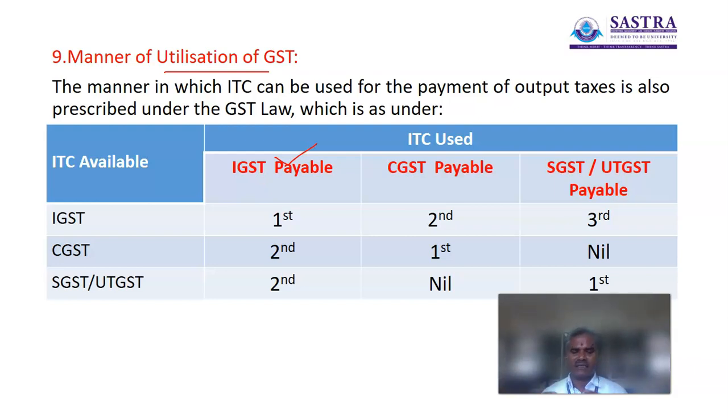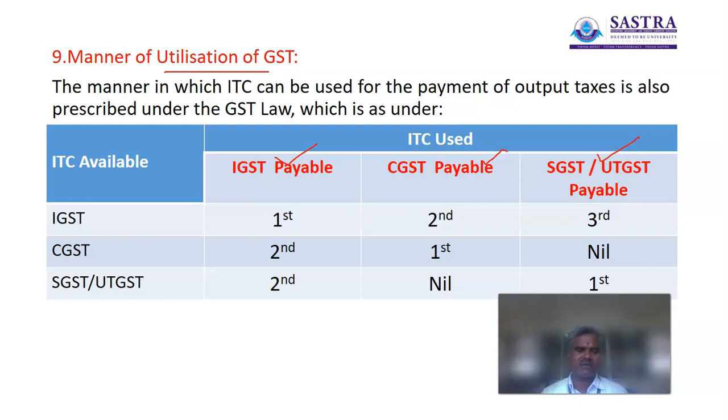This is called interstate transfer. When we do business within the state or within the union territory, here you have to charge these two. So if you have any ITC available in your hand, you have to adjust it in this manner. That's why it is called the manner of utilization of GST.